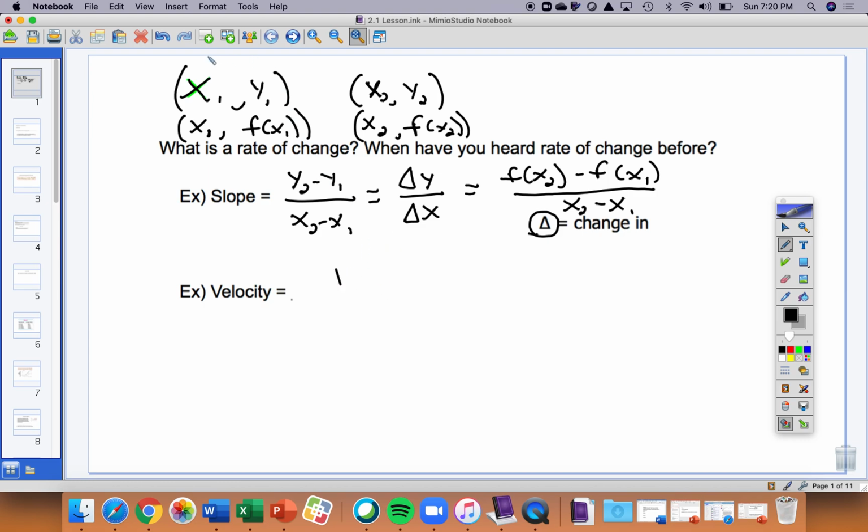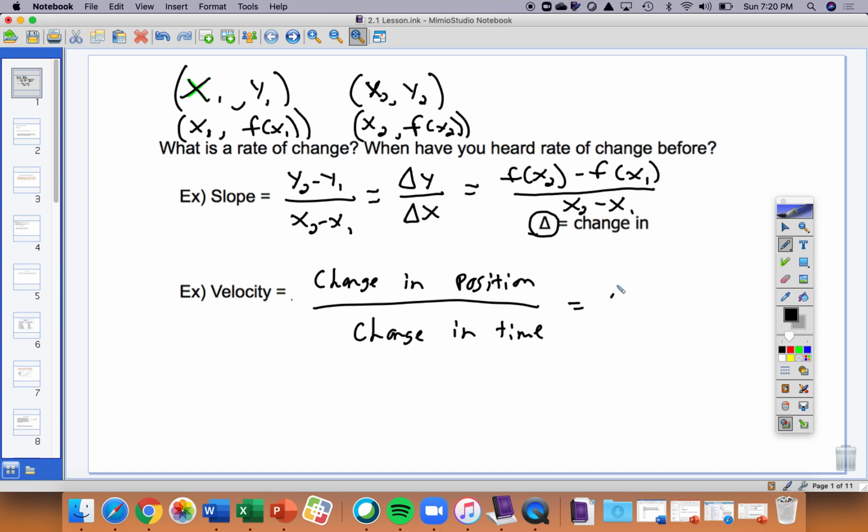Velocity. Think about the speed that something is going, how fast a car is going. You find velocity by looking at the change in position over the change in time.